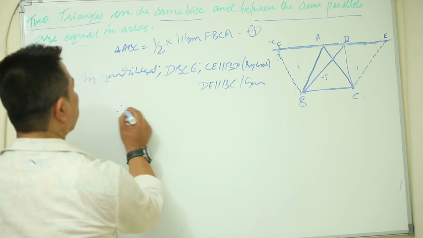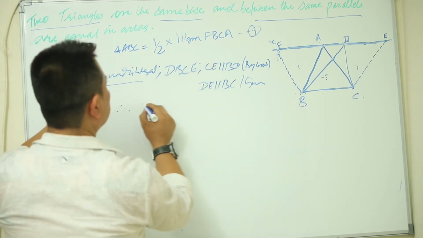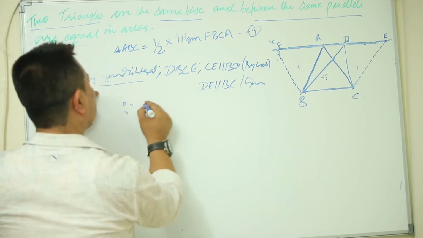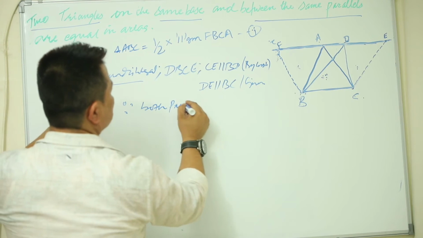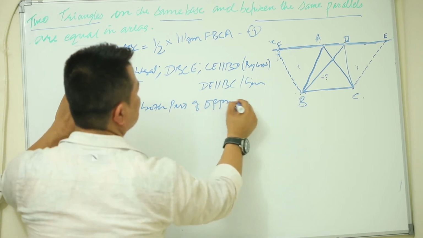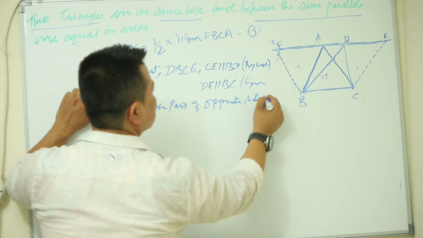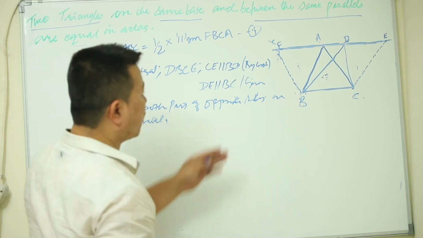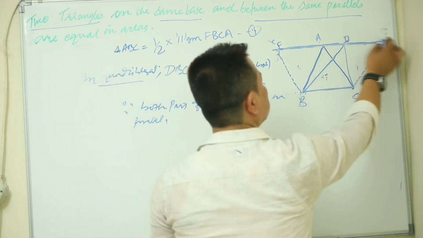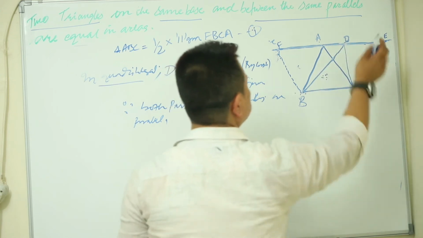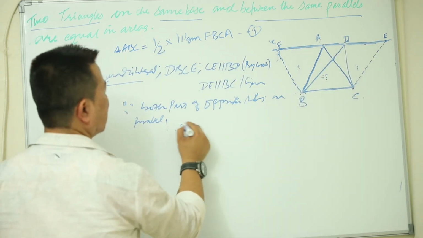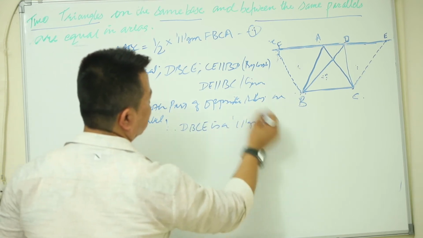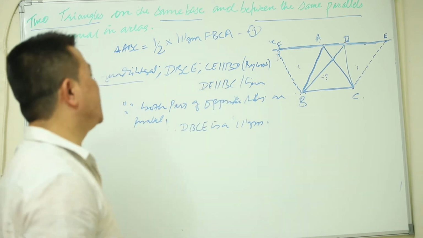Therefore, since both pairs of opposite sides are parallel, CE is parallel to BD and DE is parallel to BC, DBCE is a parallelogram.